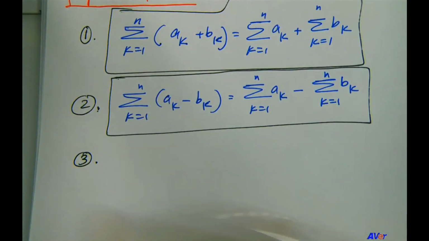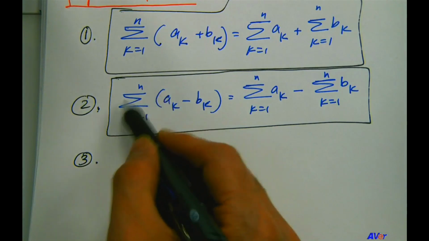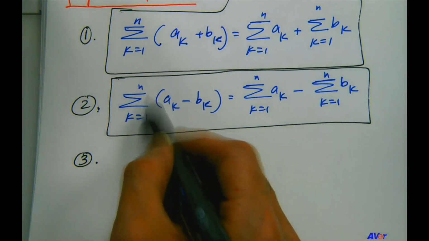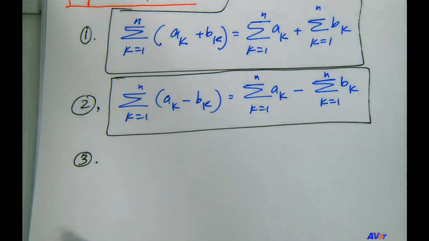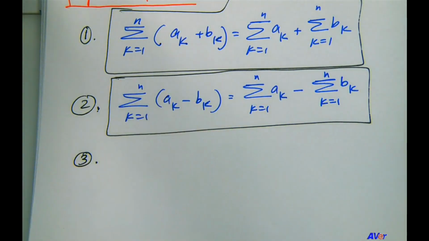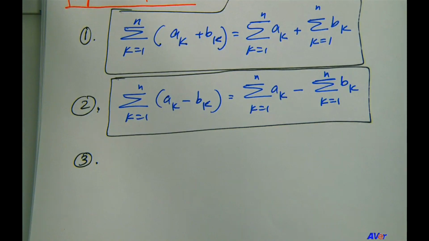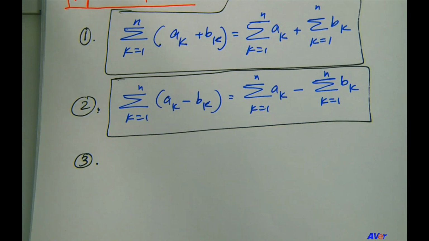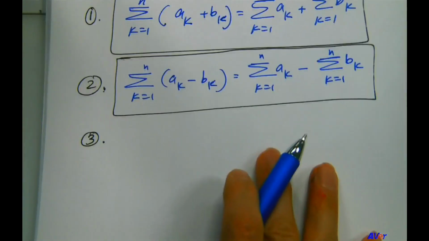And the next property is what if we have a constant out here? So if we have a constant multiple, you can pull the constant out and put it in front here, which in a lot of cases simplifies the expression. All these three properties are really helpful when you really start working with series in calculus 2 and 3. They are very useful properties. So this would be this one.